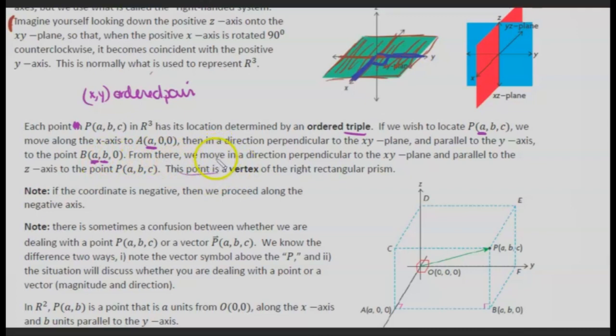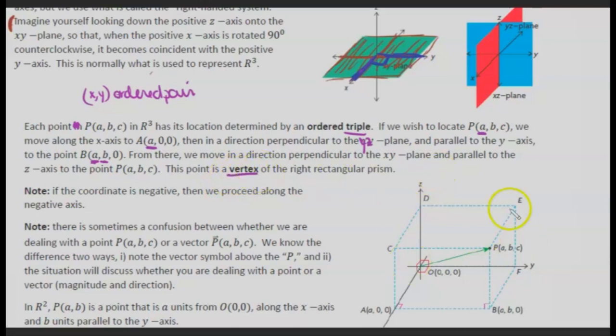From there we move in the direction perpendicular to the xy plane and parallel to the z-axis, to the point P (a, b, c). Sorry, the earlier one was perpendicular to the XZ plane, the YZ plane. Then this point is a vertex of the right rectangular prism.